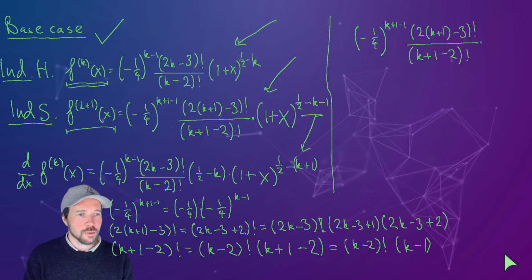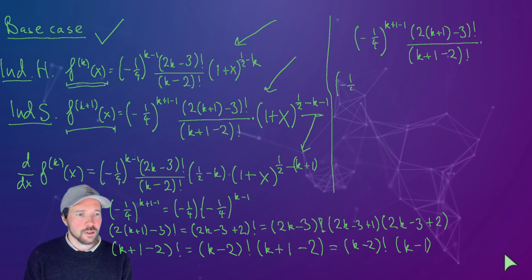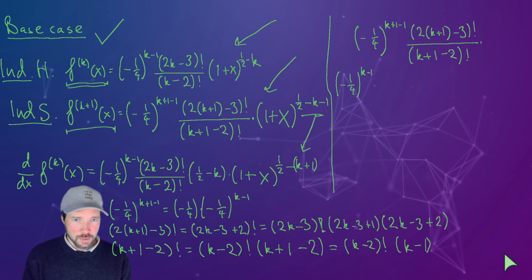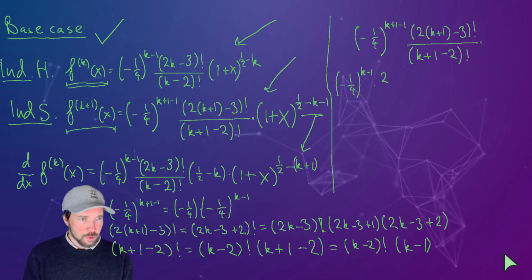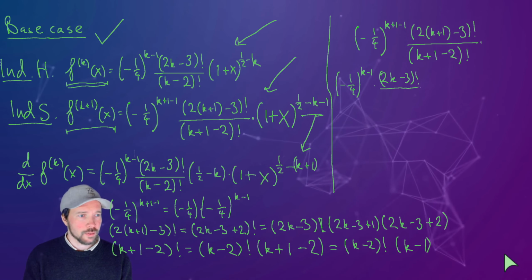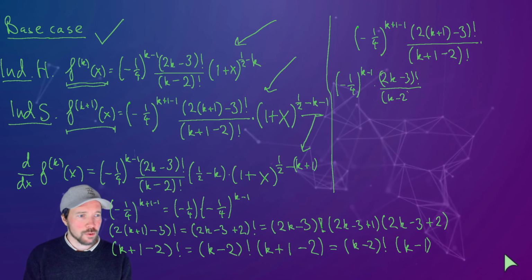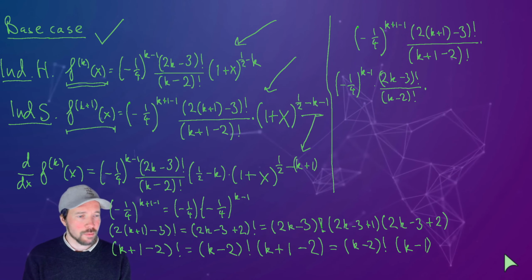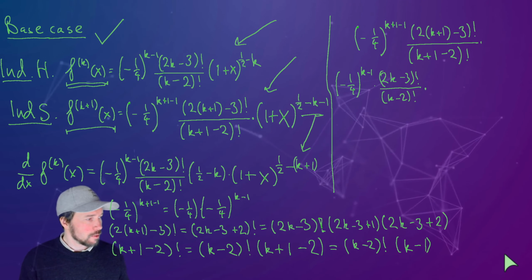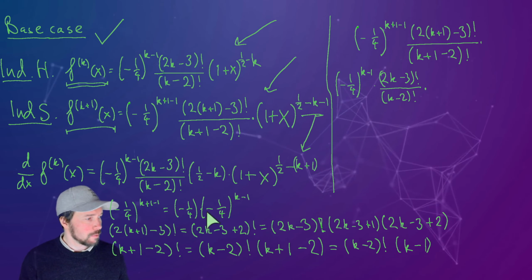So the original terms come first. There's going to be minus 1/4 to the power k minus 1 times 2k minus 3 factorial divided by k minus 2 factorial, and then I'm going to put all the extra terms which I got from here.